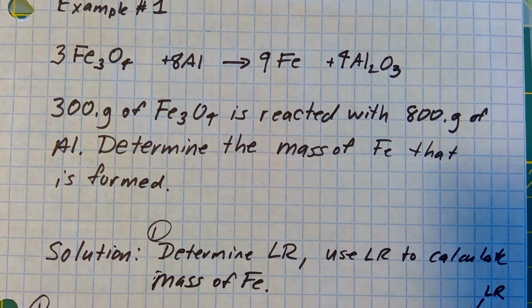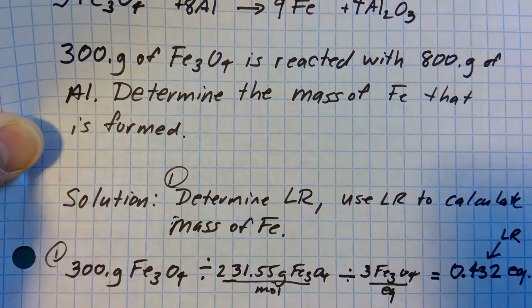Our plan for our solution is, one, determine the limiting reactant, and then we'll use the limiting reactant to calculate the mass of iron, and that is the equivalents from the limiting reactant we use to calculate that mass. So let's look at our steps.